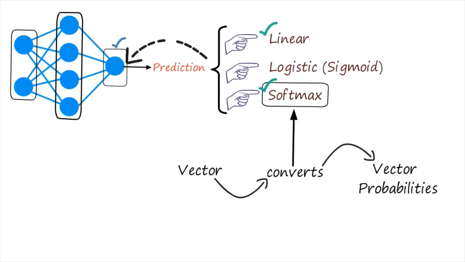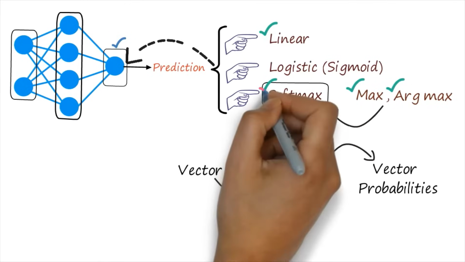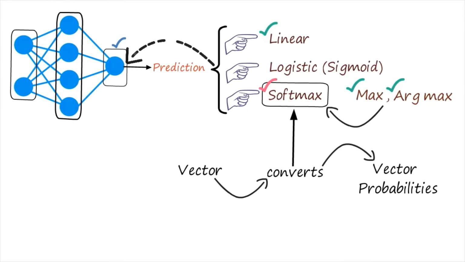But in order to understand the softmax function, you have to understand other functions known as the max function and the argmax function, and only then can you realize the meaning of softmax. So let's start with the max function, then we will discuss the argmax function, and then the softmax function. I'm not going into the theoretical details. You just have to see the code.